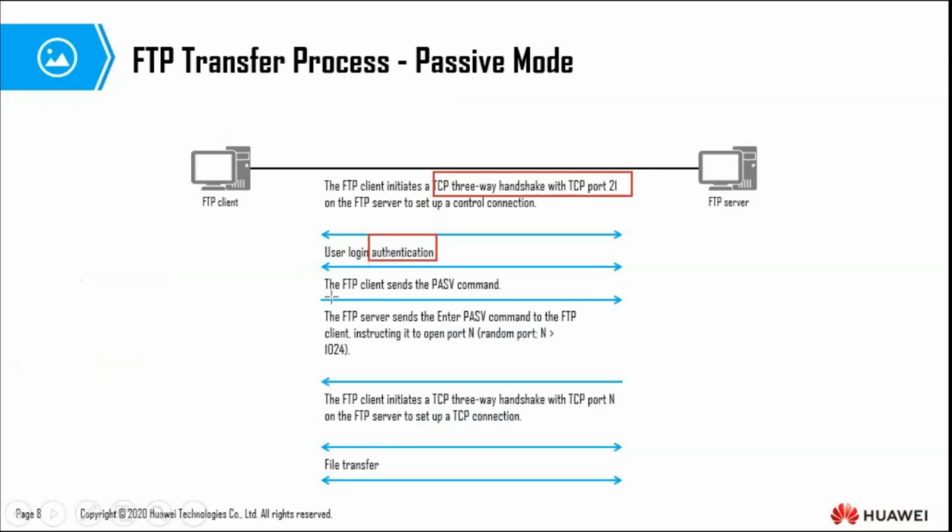But this time, the FTP client sends the pass command. The FTP server then sends the pass command response to the FTP client, instructing it to open port N. So the client now is going to open port N. Then the client will initiate a three-way handshake with TCP port N on the FTP server to set up a connection. Then after that, they're going to exchange data.